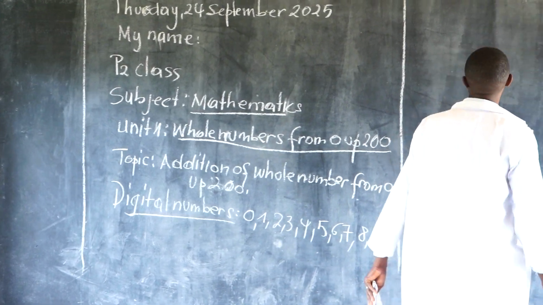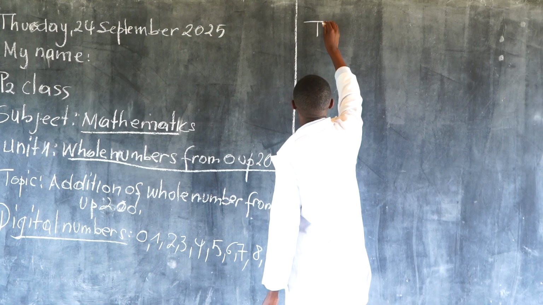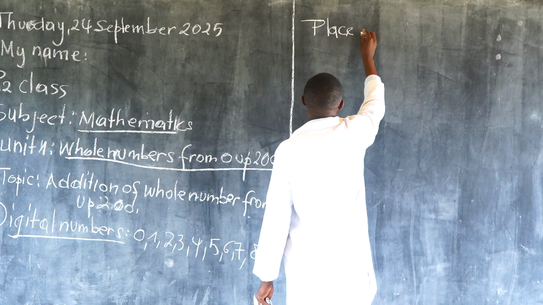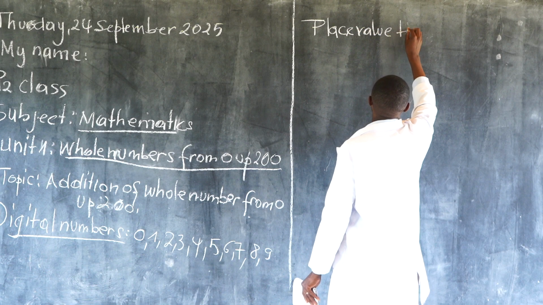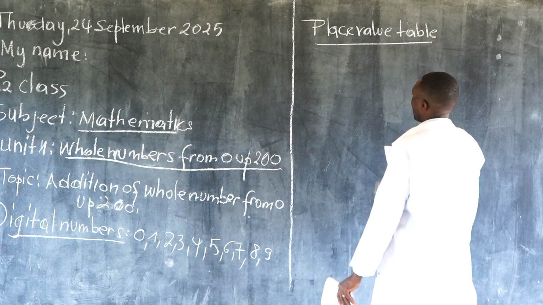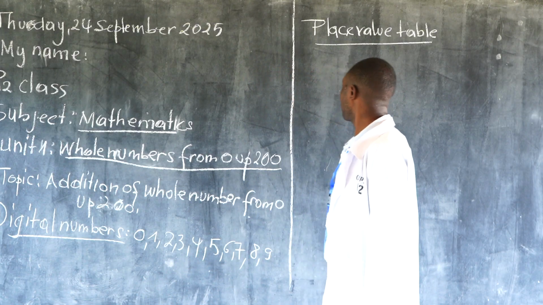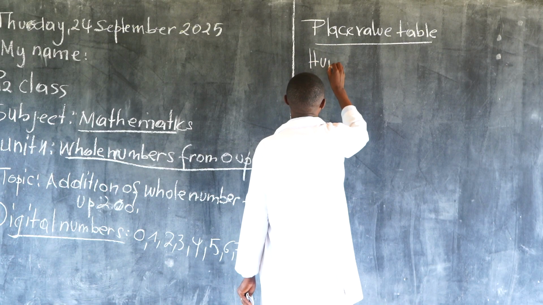Now after those digital numbers, we are going to see another one called place value table. Now in place value table we have what we call hundreds.